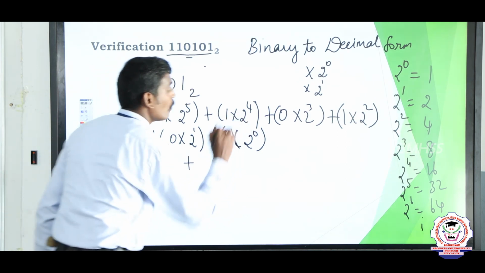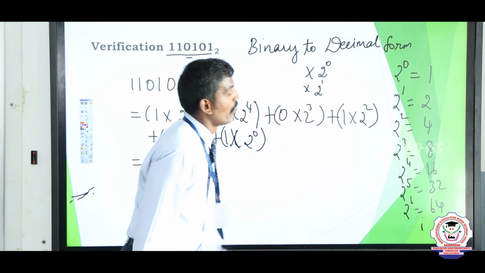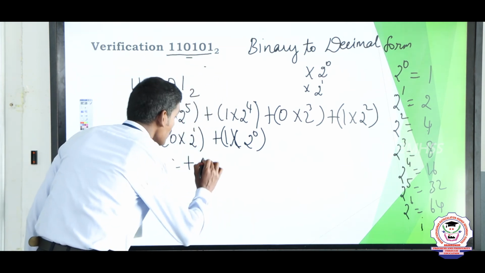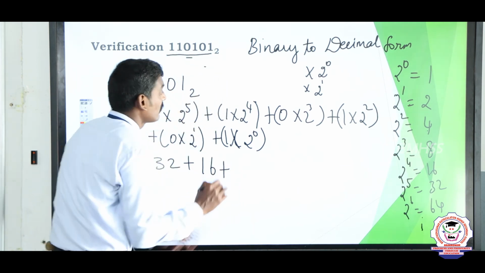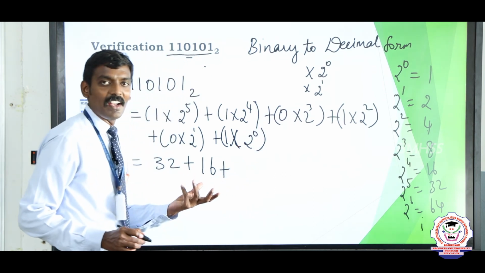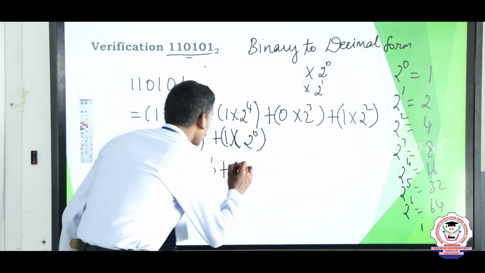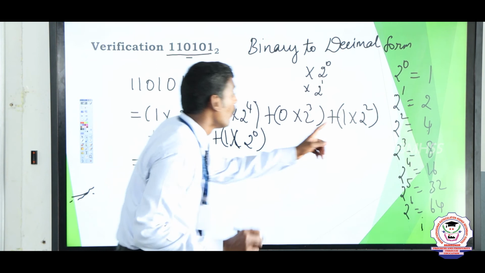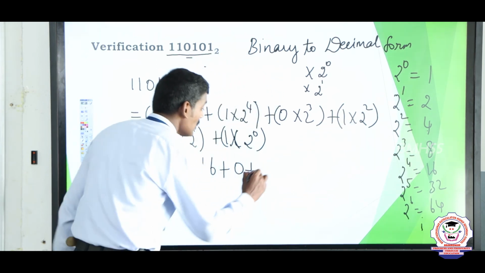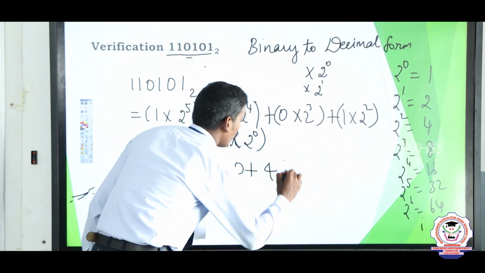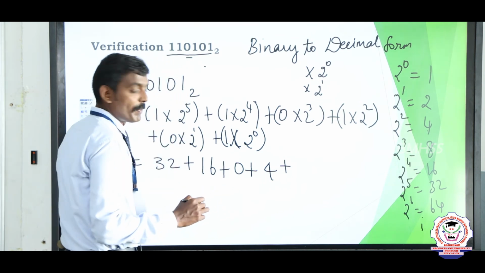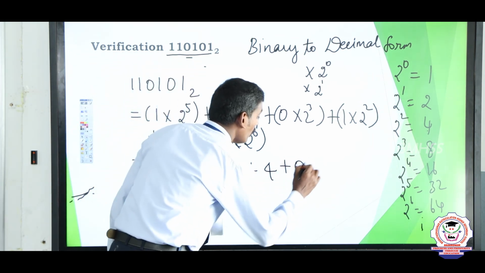Plus 1 into 2 power 4. What is the value of 2 power 4? 16. 16 into 1? 16. Plus 0 into anything, what happened? 0. Very good. Plus 1 into 2 power 2. 2 power 2 means 4. 4 into 1? 4. Plus 0 into 2 power 1. 0 into anything? 0.